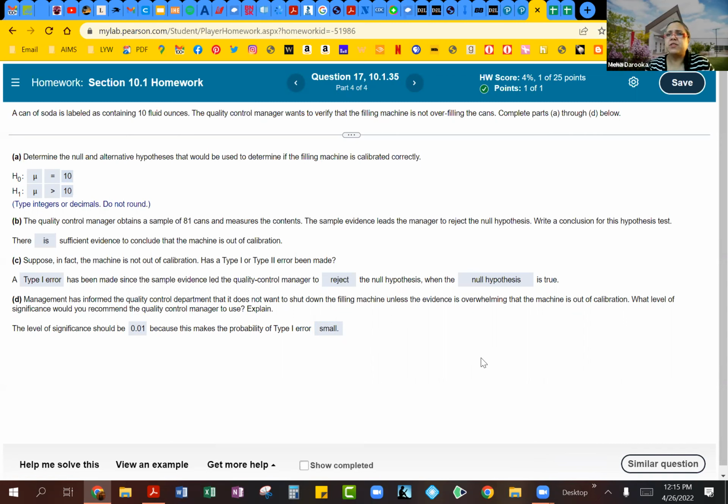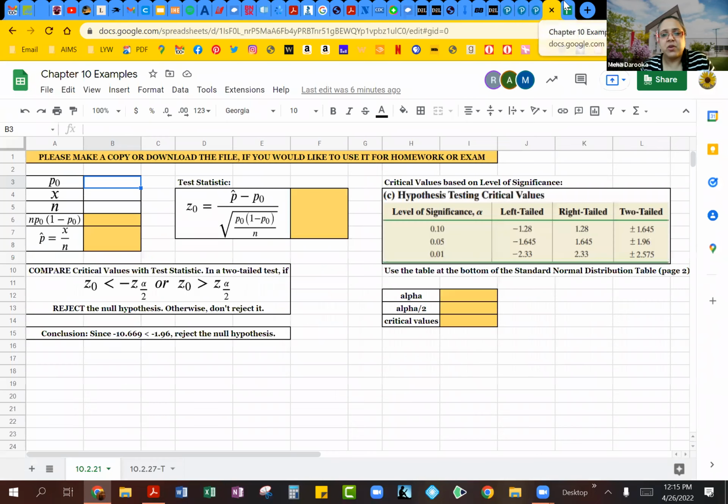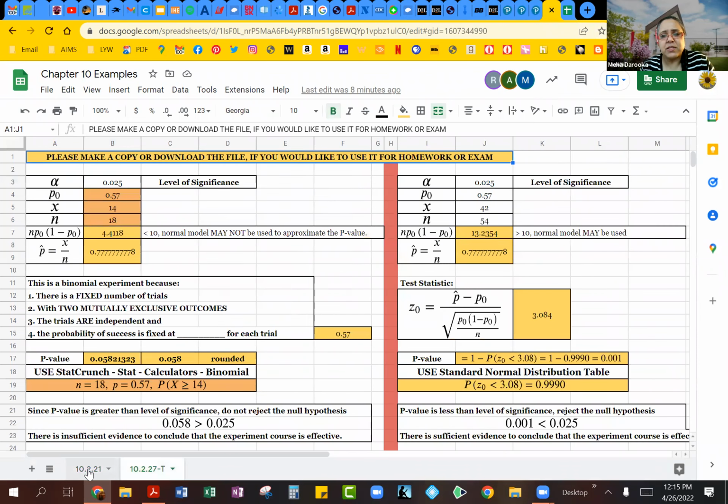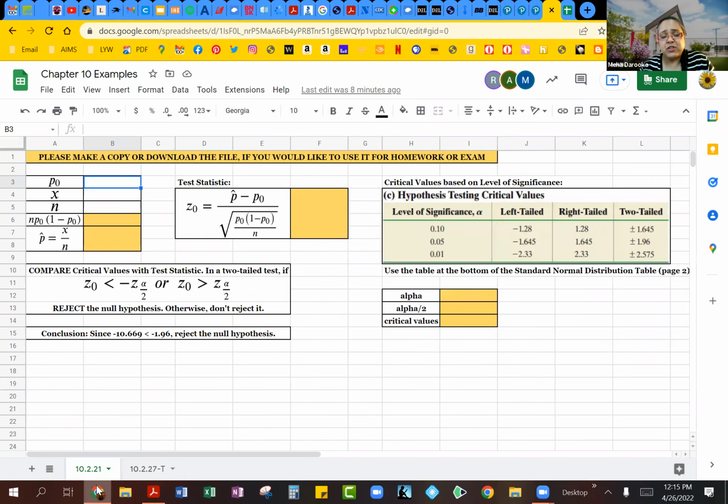So you will see some questions like this in 10.1, and then when you get to 10.2, that's where you will actually have the calculations based on what you were seeing in this handout over here. And I do have 2 examples for this that you can look through in the viewing section of your D2L, section for this week.